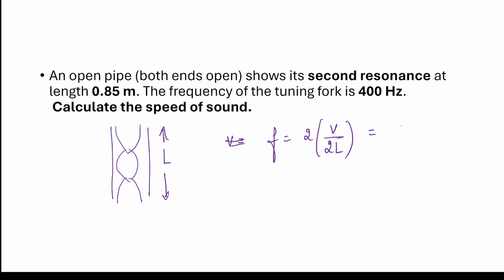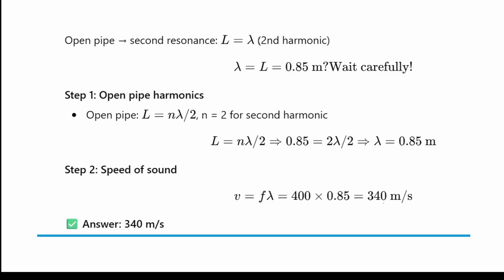V we want, so this is 400 Hertz. Velocity over length is 0.85. So 400 times 0.85 is the velocity, 340 meters per second. Okay.